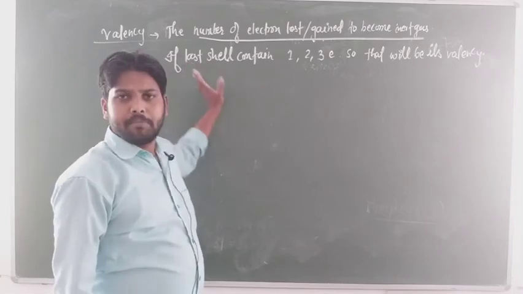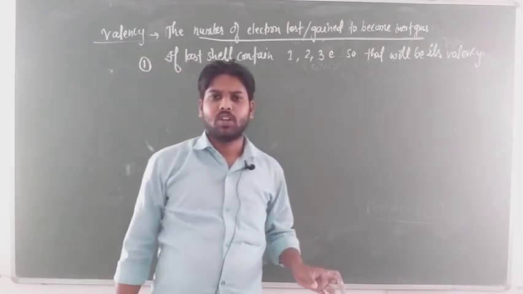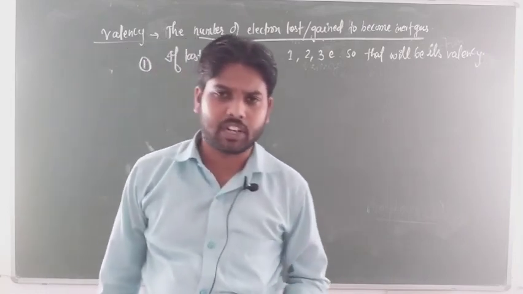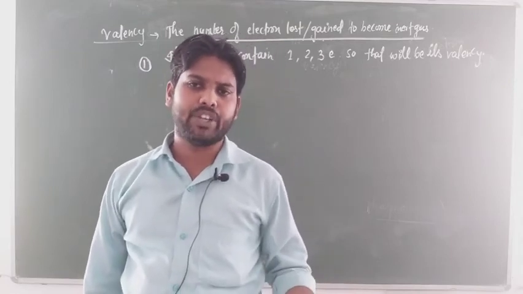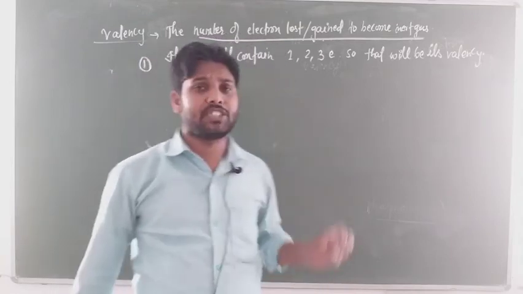If the last shell, meaning the outermost shell, contains either 1, 2 or 3 electrons, that will be its valency.